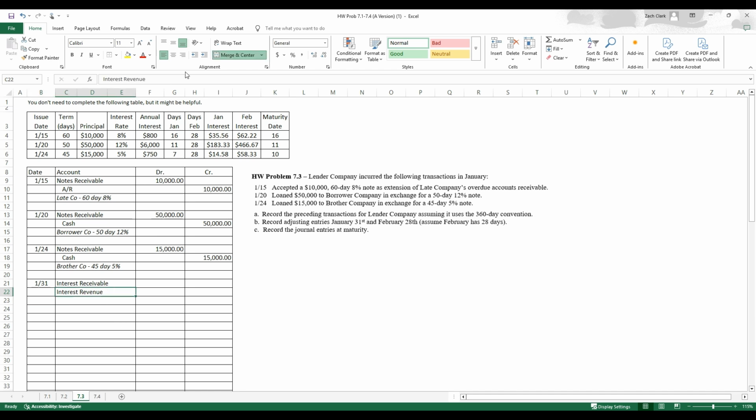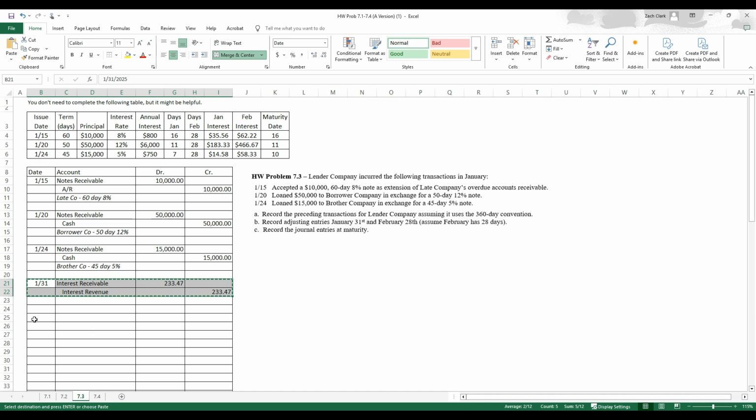So we earned revenue during the month of January. And we already calculated that, so that is helpful to have, right? So we just add all three of those together, and that's the amount for all those notes that we earned and we're owed, the $233.47.